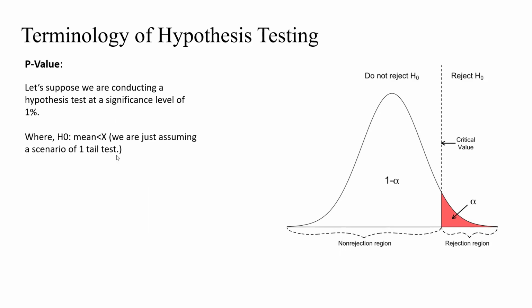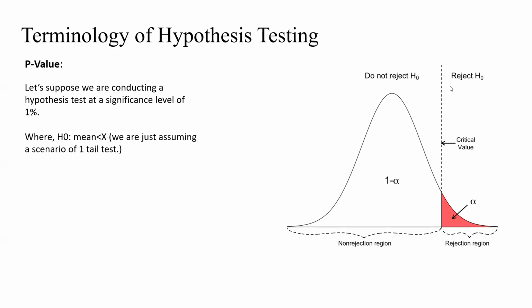What we do from here is, based on the sample data that we have, we will calculate some value. Think of this sampling distribution. Given the 1% alpha that is specified, we will come to know the critical value, the value beyond which, if my sample statistic goes, I will reject the null hypothesis.